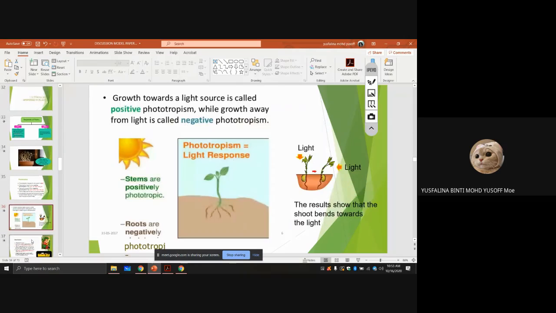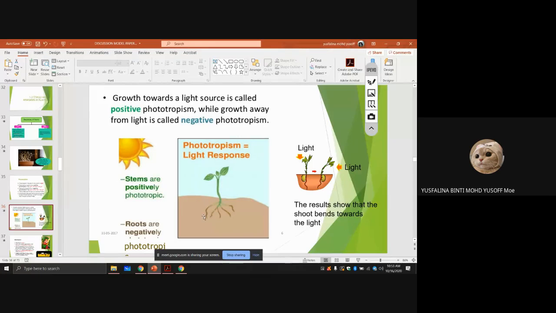Growing towards a light source is called positive phototropism, while growing away from light is called negative phototropism. You can see the root goes downward, so it moves away from the source of the light.